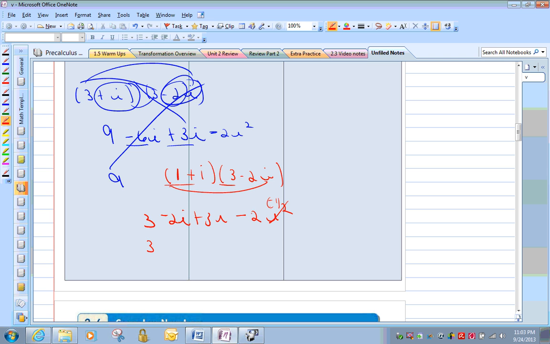So negative 1 times negative 2 makes a positive 2. Plus 3 would be a 5. So that's our a plus bi form. We have a negative 2i and a positive 3i, so we have plus i. And that is our answer. Go Bearcats.